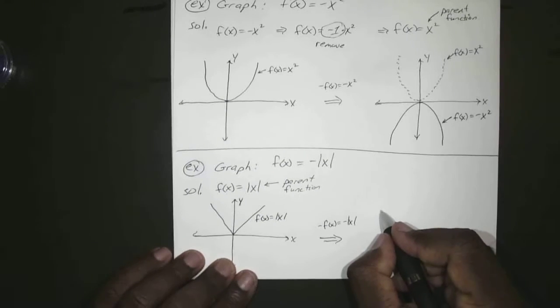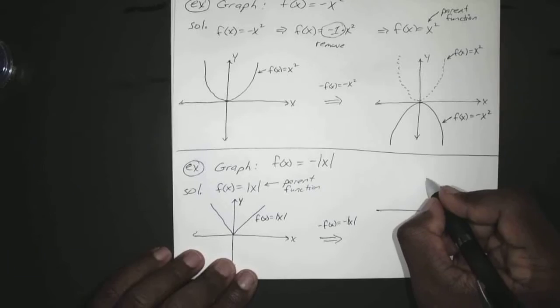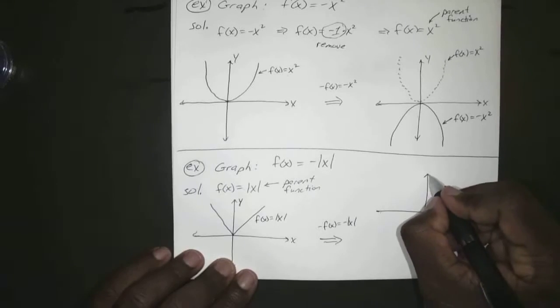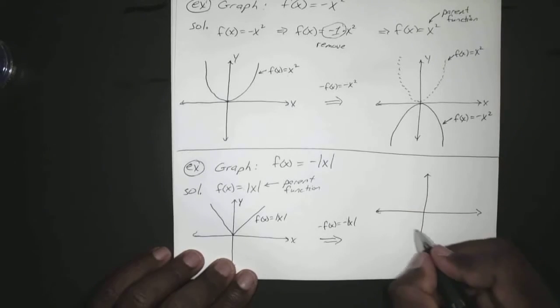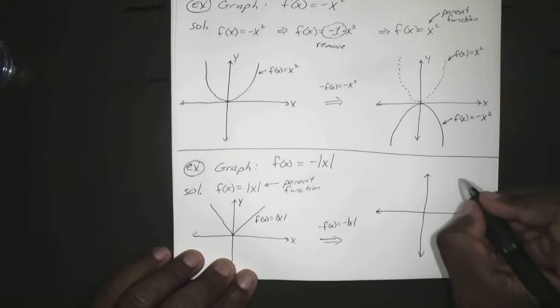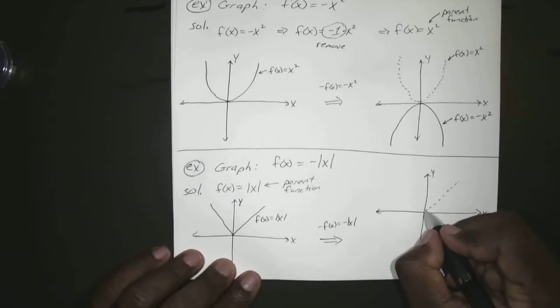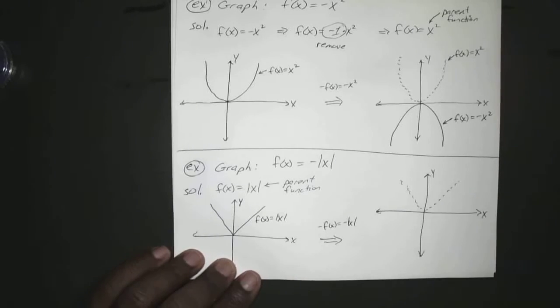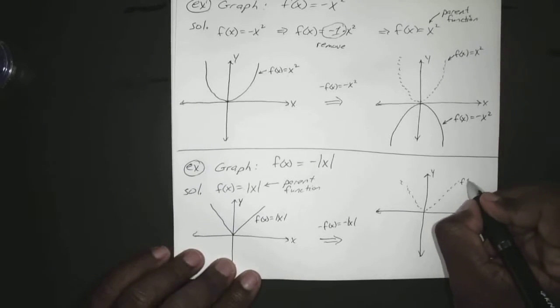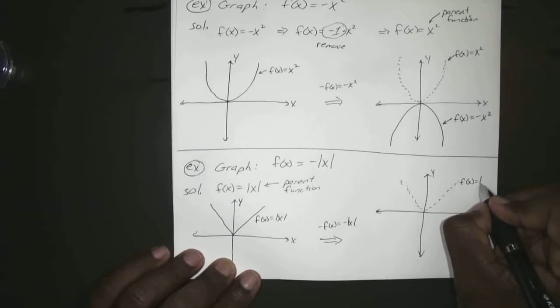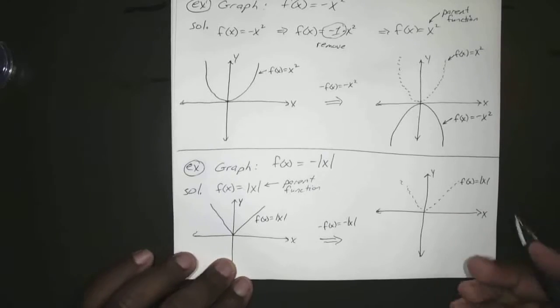So that means I'll move that up a little bit since I'll need a little more room at the bottom. You have your x and you have your y. And this is our f of x equals absolute value of x.